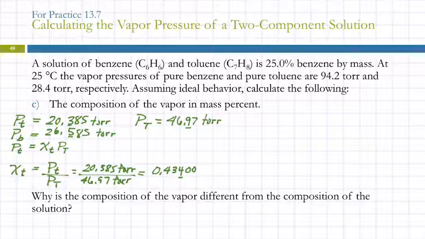So that is equal to the moles of toluene divided by the moles of toluene plus the moles of benzene, right?